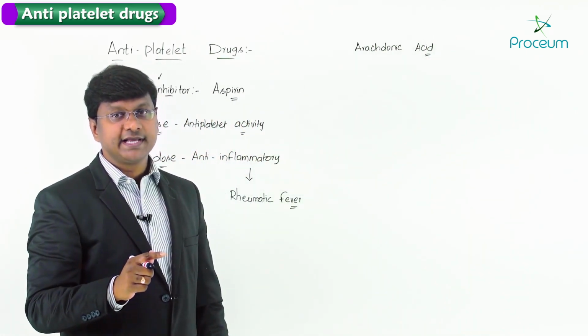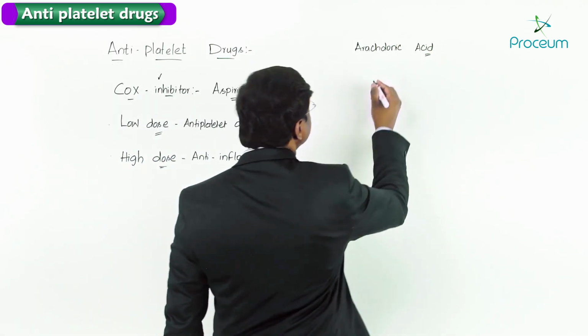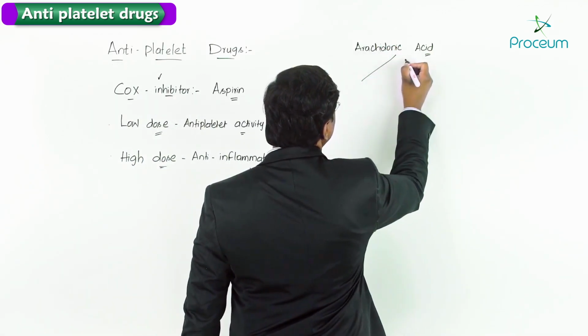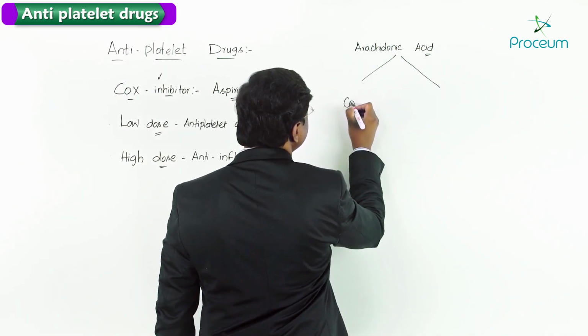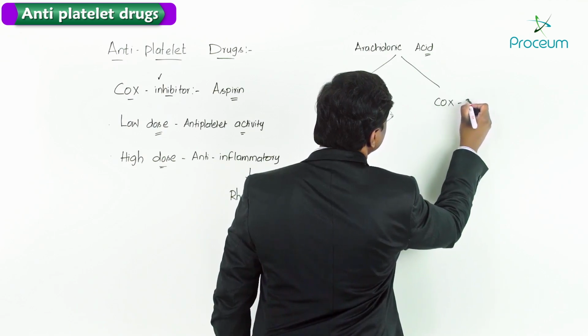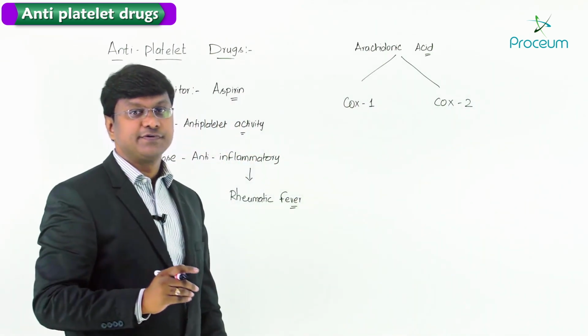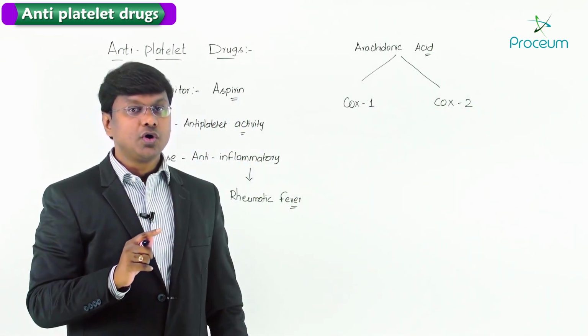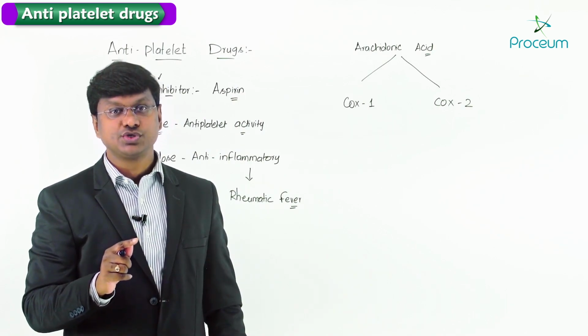Now this arachidonic acid, in the presence of the enzymes COX-1 as well as COX-2, right. COX stands for cyclooxygenase; COX-1 is cyclooxygenase 1, COX-2 is cyclooxygenase 2.